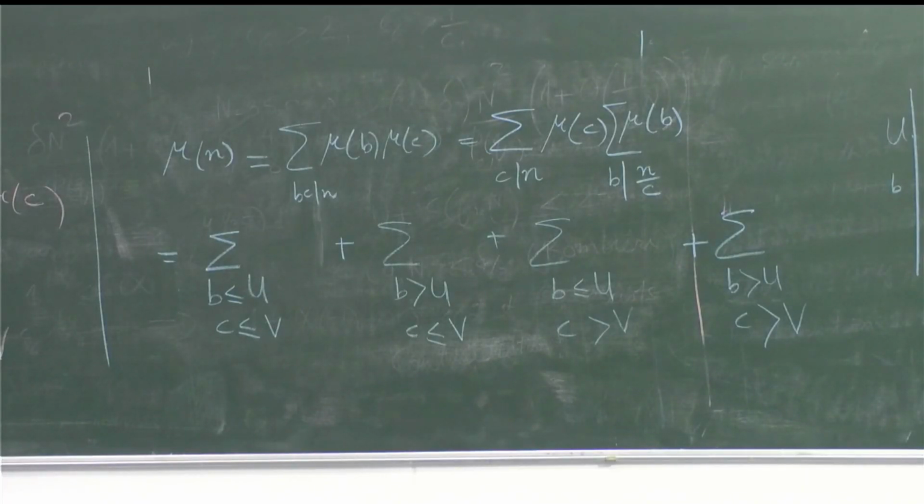So maybe the 2 and 3 are not equal, but this part in the middle should become 0.